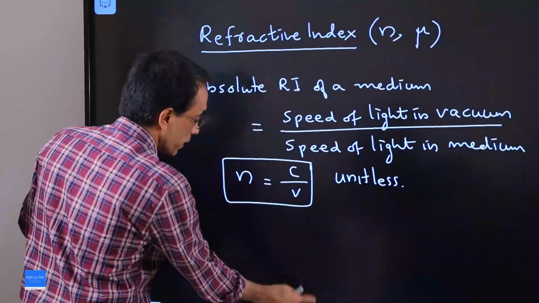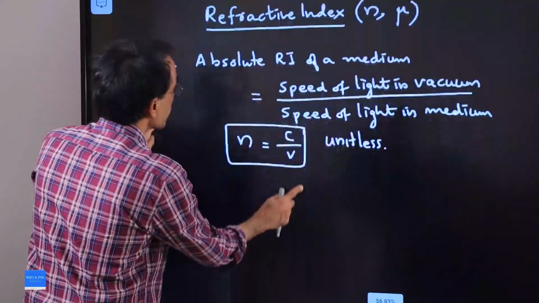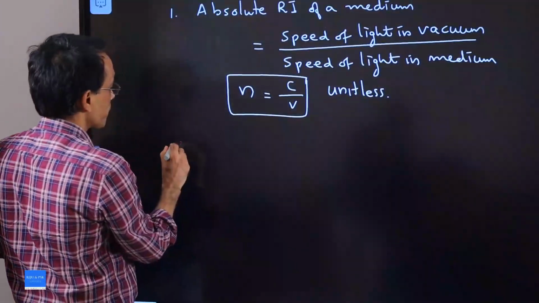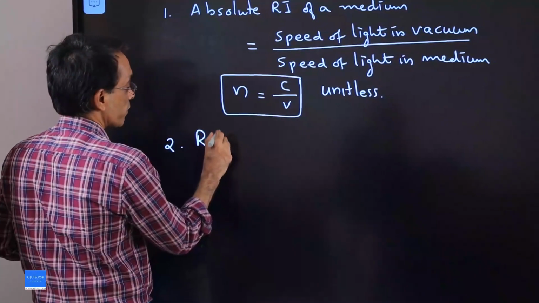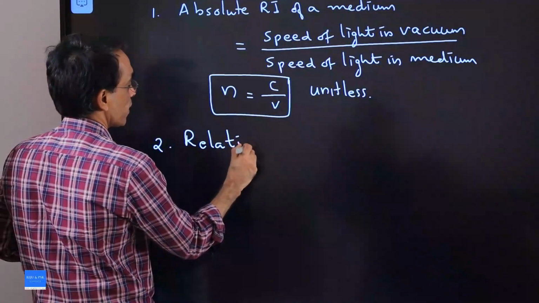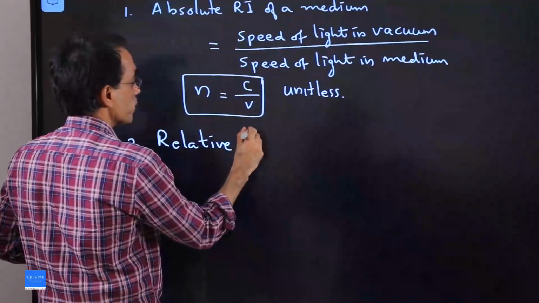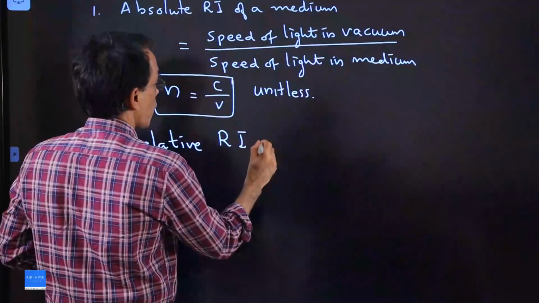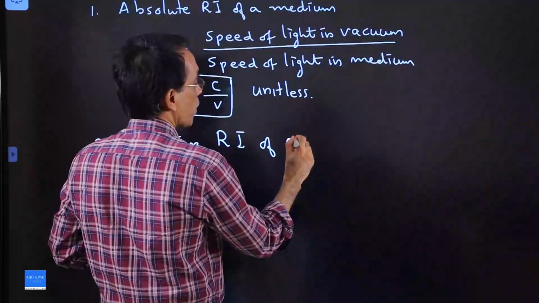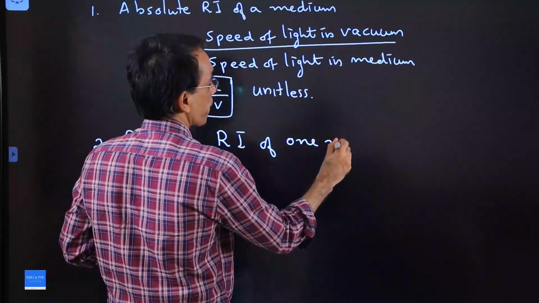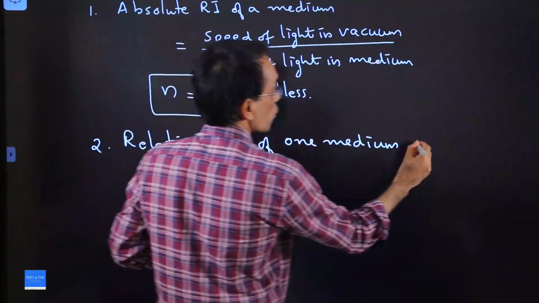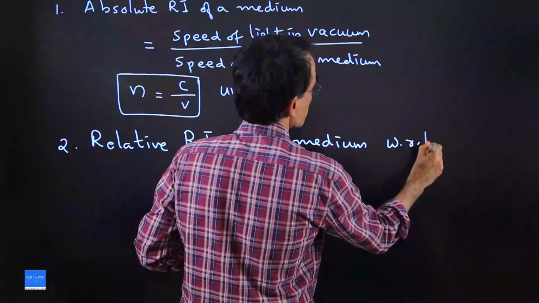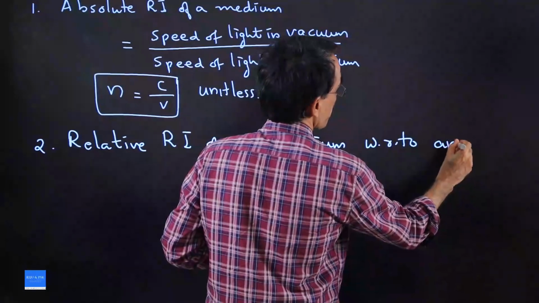And the second one is called relative refractive index: the relative refractive index of one medium with respect to another medium.